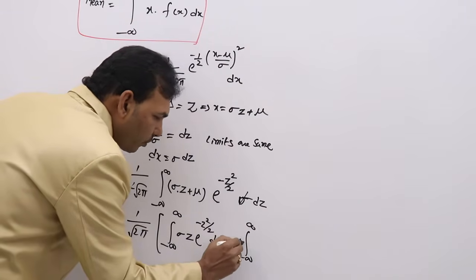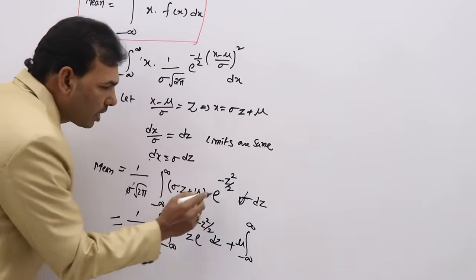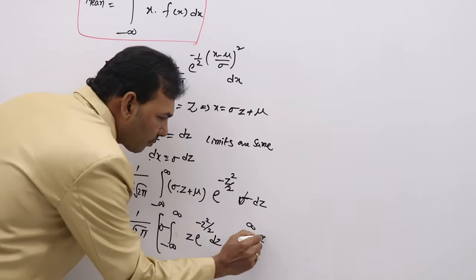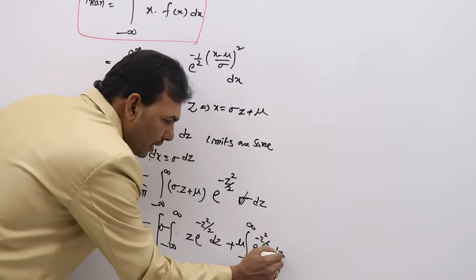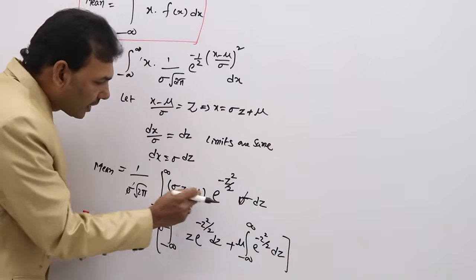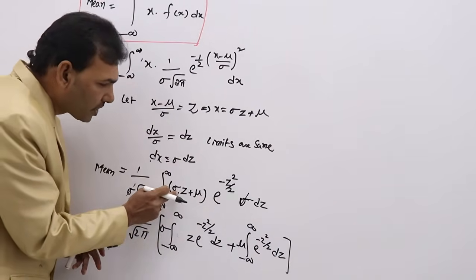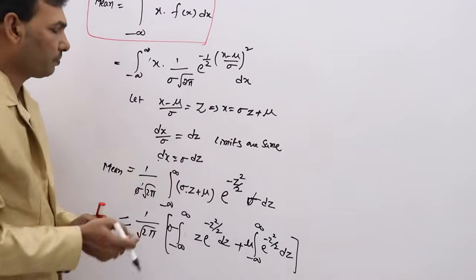Mu is a constant, and if you want you can keep sigma constant also. Integral from minus infinity to infinity of e to the power of minus z square by 2 dz. We just split this integral into two integrals by multiplying sigma z with this and mu with this.